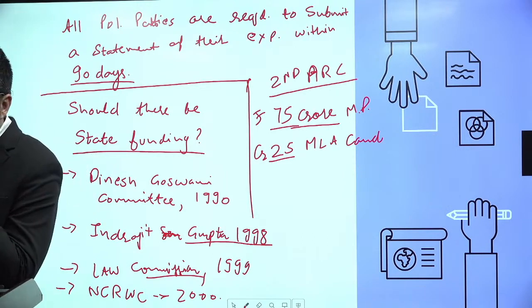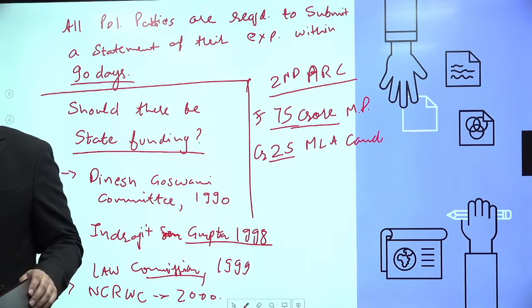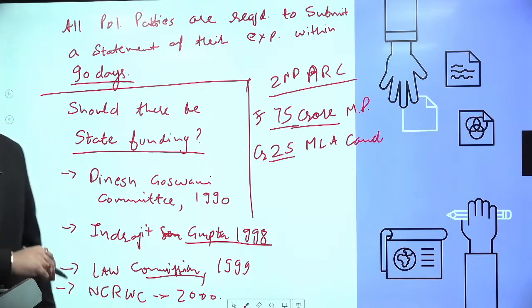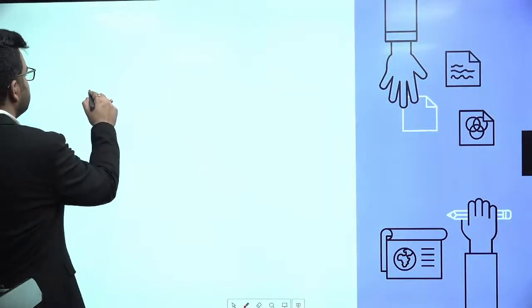Okay, the committee advised placing two restrictions. Shall I dictate? Number 1, only national and state parties with a symbol should receive state funding.